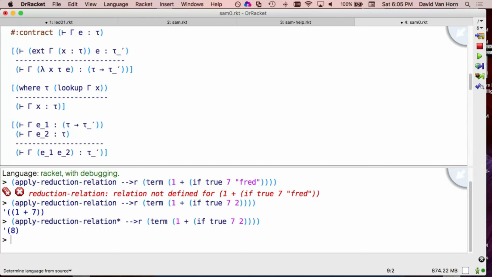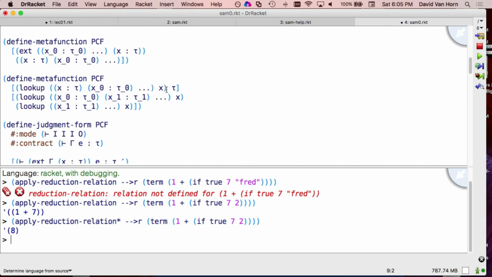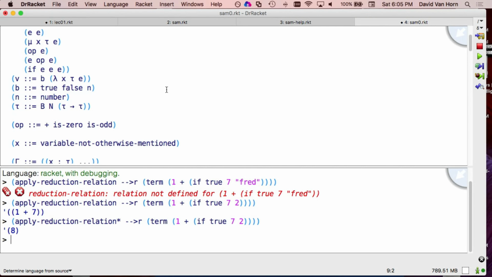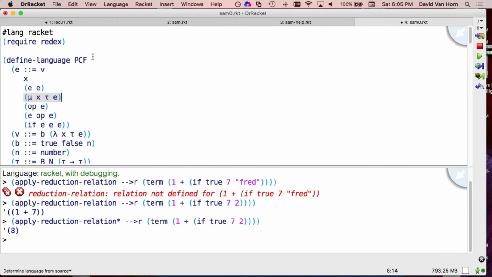Yeah? What if the operational semantics is not deterministic? That's why you get a list. So you get them all back. So why don't we add that? Let's just do this.